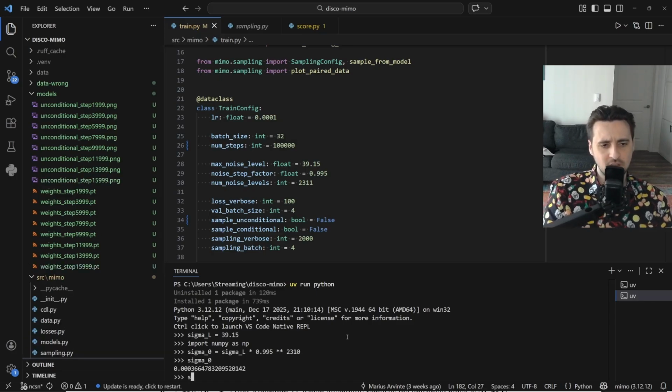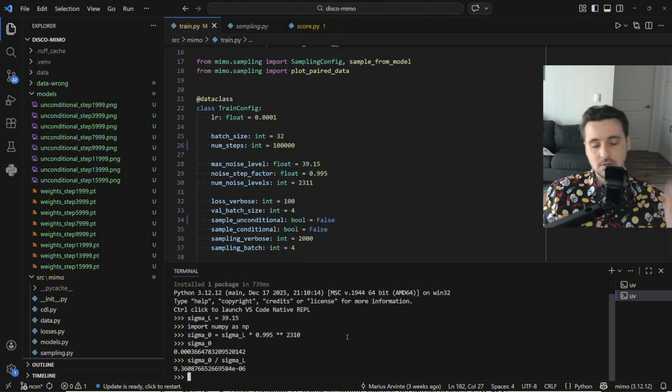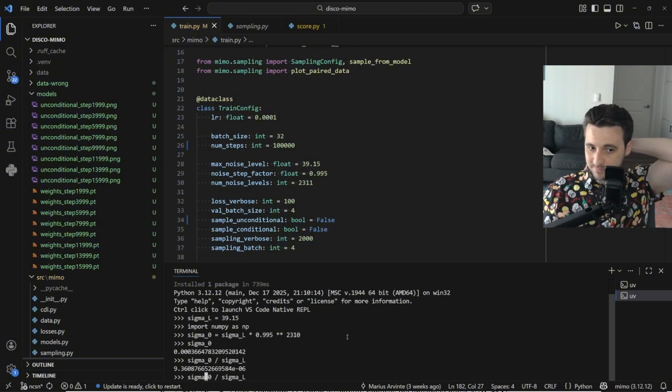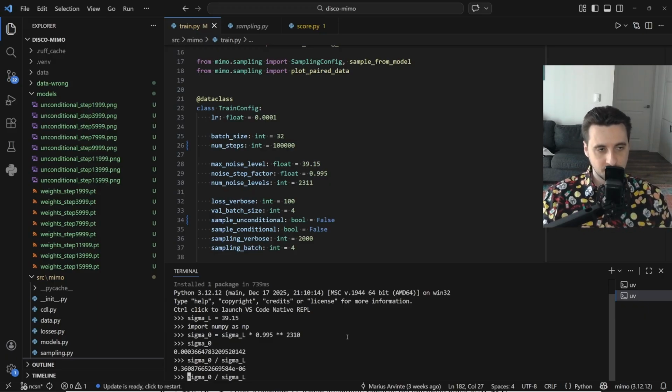Good. Sigma 0 divided by sigma L. This is where the 10 to the minus 11 comes from. There we go. So is it 10 to the minus 10?